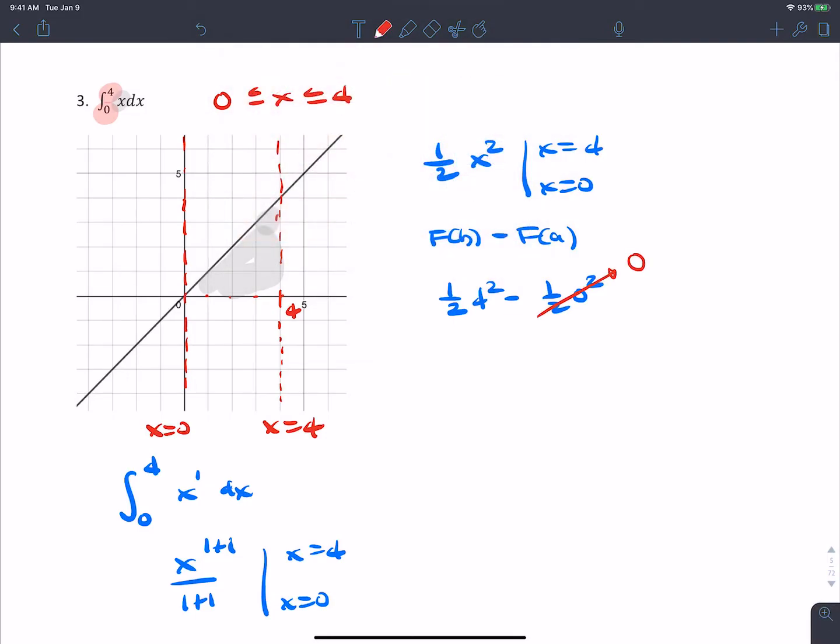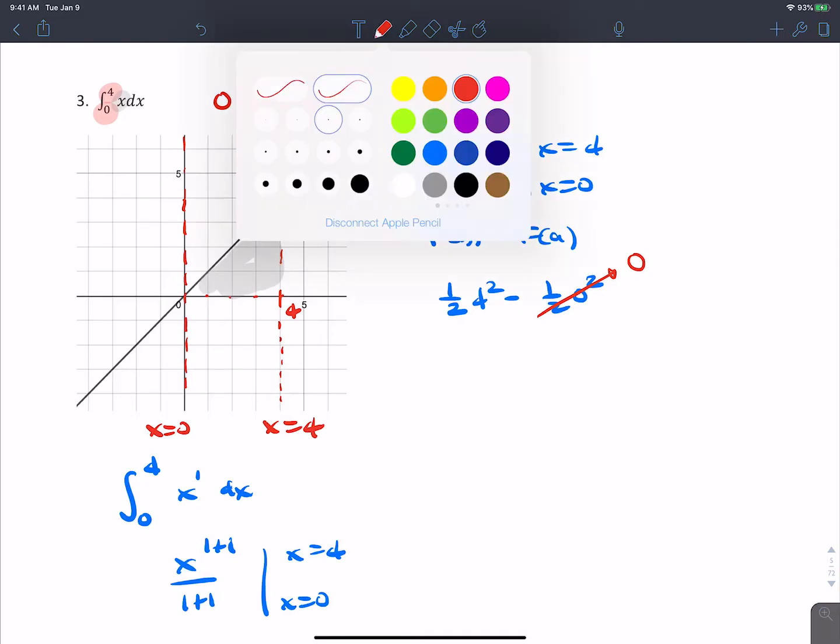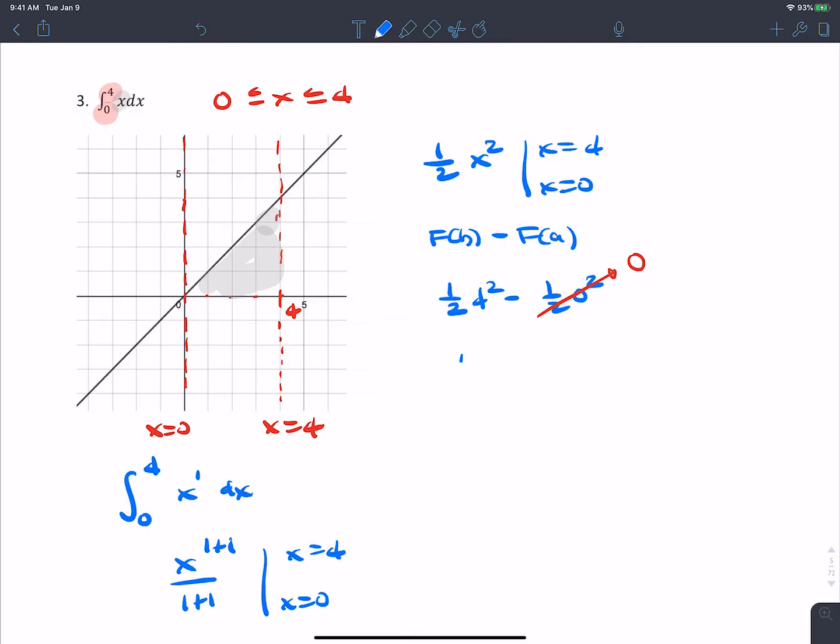This portion is 0, is that right? Okay, so what's 1/2 4 squared going to be? Looks like 16 halves, or better known as what? 8. So this area under this curve here is 8. Okay, you guys okay with that?